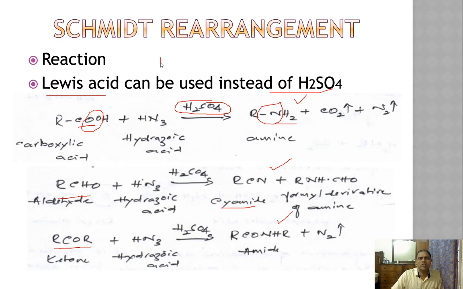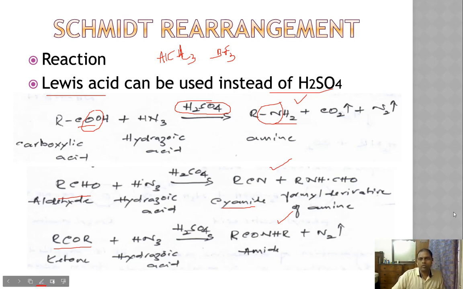So Lewis acids are like aluminum trichloride or boron trifluoride. So these are Lewis acids. Instead of sulfuric acid, you can even use Lewis acids for this reaction.